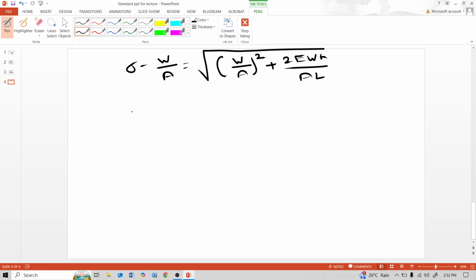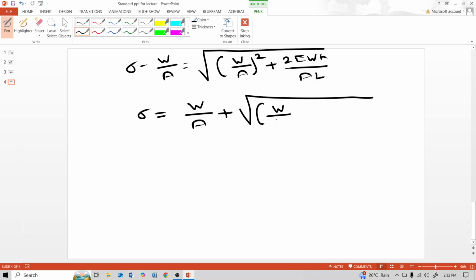Therefore, our stress for impact load is W by A plus the square root of W by A square plus 2EWH divided by AL. This is the stress due to impact load, where W is load, A is area, E is modulus of elasticity, H is height of fall, and L is length.